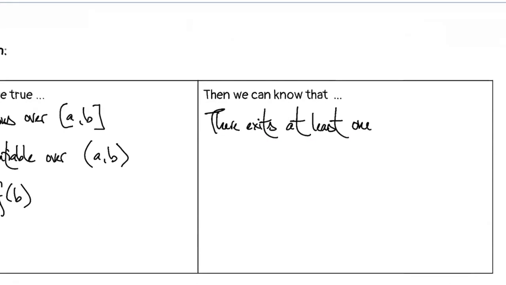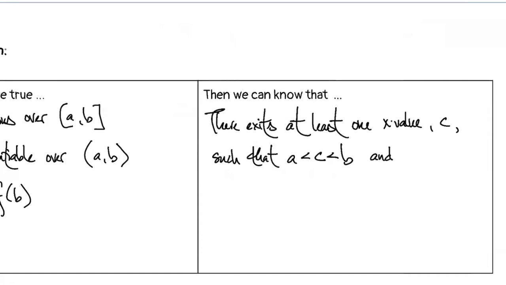So there exists at least one x value that we're going to call c, such that c is between a and b, all right? I know that's not alphabetical. You know that's not alphabetical. We sort of set the endpoints first. That's why we have a and b. Then we want to describe the one in between them. So then we come back and use the third letter, c. Okay, so there exists at least one x value c such that c is between a and b.